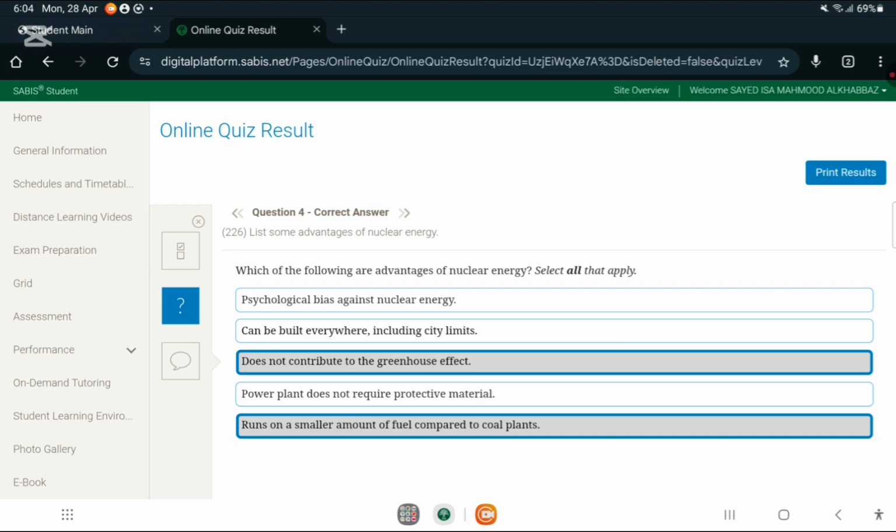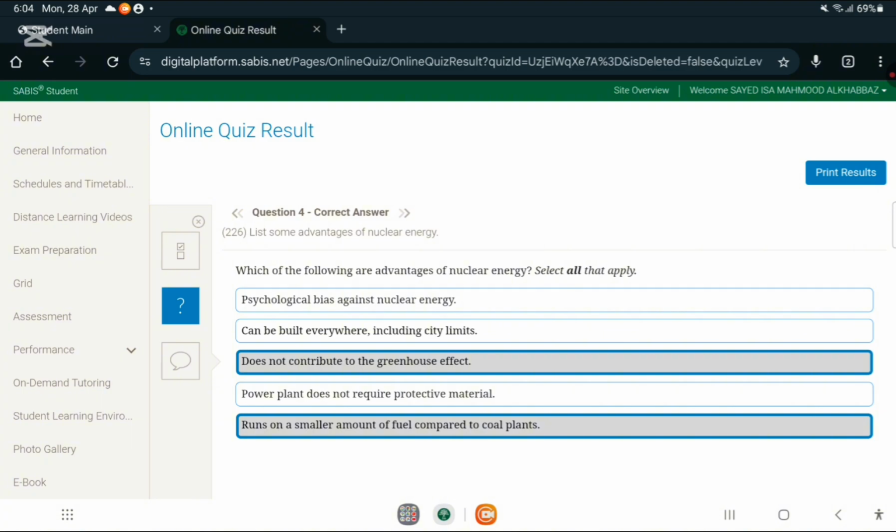So here people are psychologically biased against nuclear energy because of what happened in Chernobyl. So they are against nuclear energy, no matter how safe it is. And today, the chance of a nuclear failure is close to zero, if I'm not wrong, based on the book.